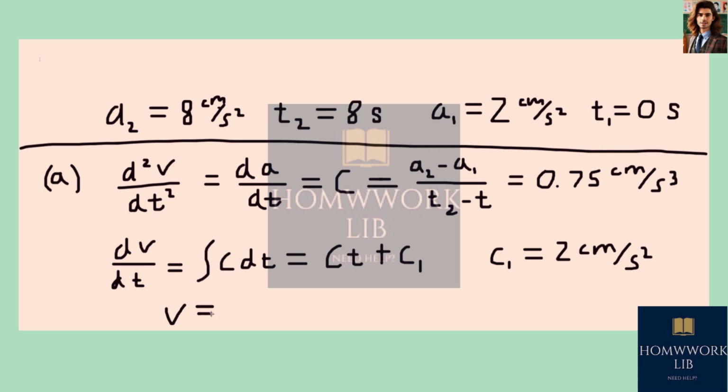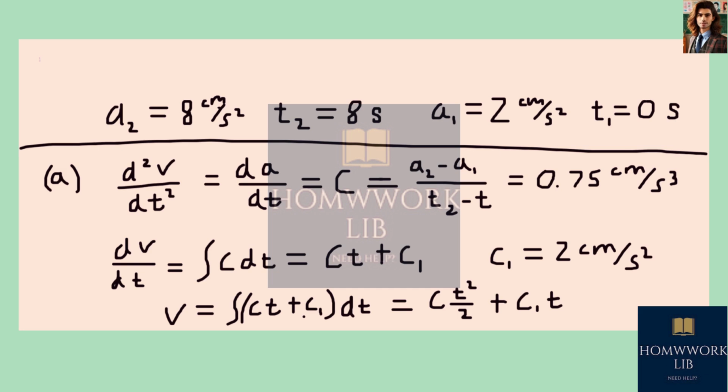The velocity will be the integral of c times t plus c1, all integrated with respect to time, dt. If we do this integral, we find that this is equal to c times t squared over 2 plus c1 times t, and then we're going to have another integration constant c2.